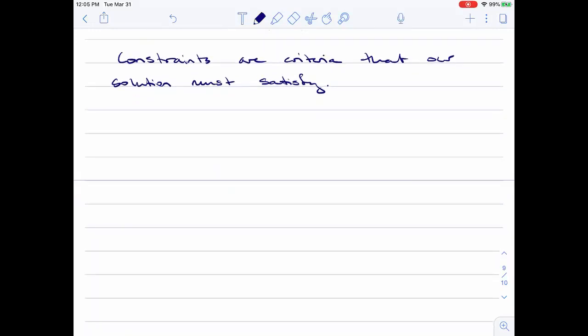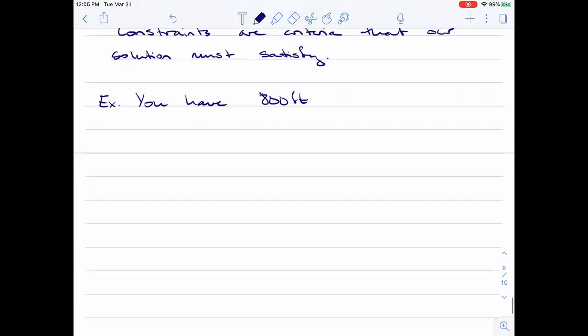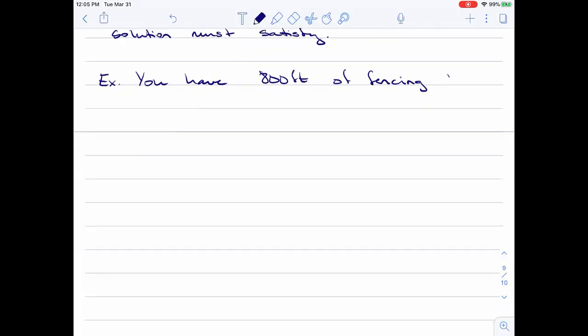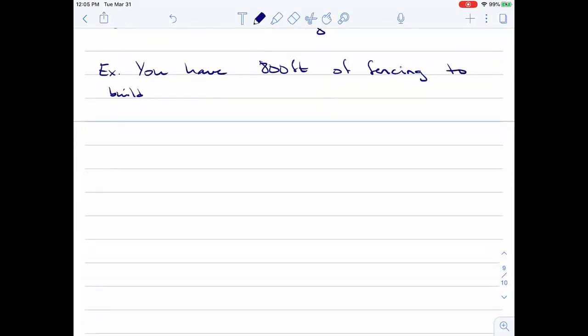So here we go. Example: you have 800 feet of fencing to build an enclosed yard off of one wall of a building.